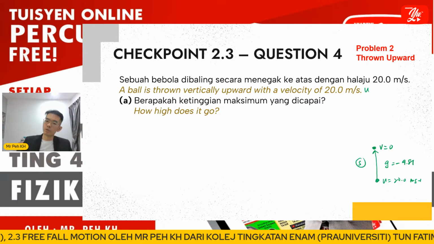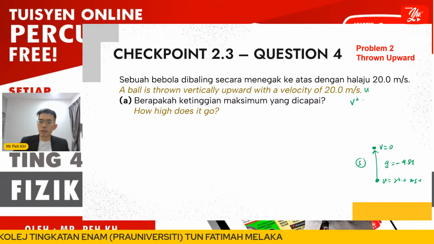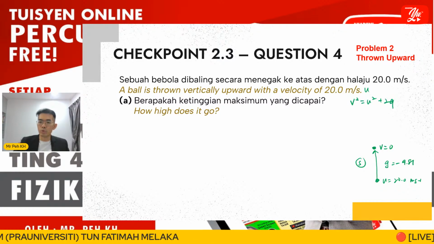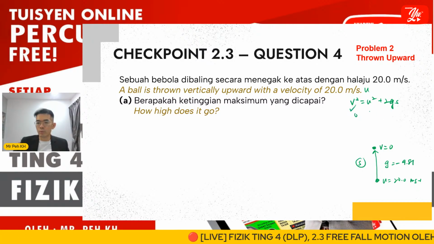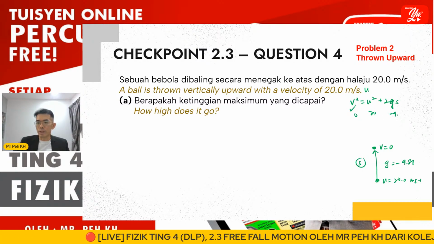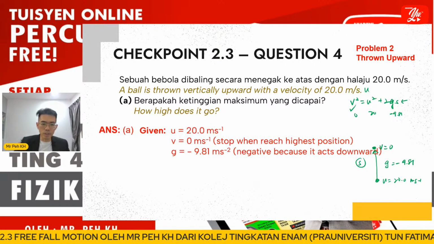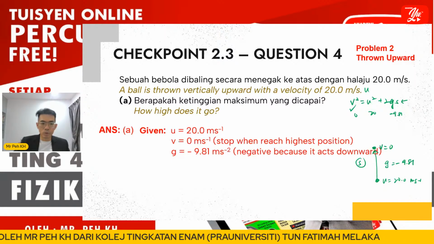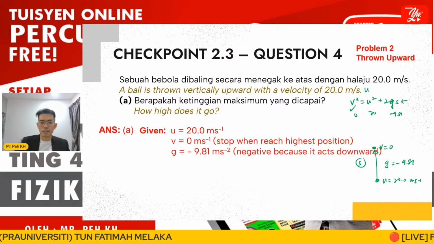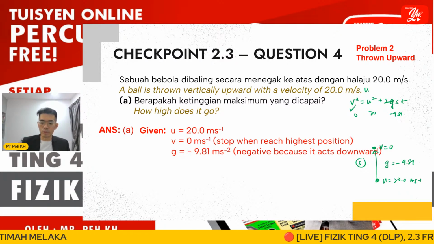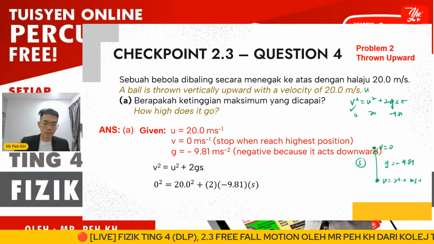Okay, so what formula are you going to use? Without t, you should use v squared equal to u squared plus 2gs. So you have your values: v equal to 0, u is 20, g is negative 9.81, and then you may get your s. u is given as 20, and v you should know when it reaches the highest position is 0, and g again is negative 9.81 because it always acts downward. Substitute all the values into the equation you selected.